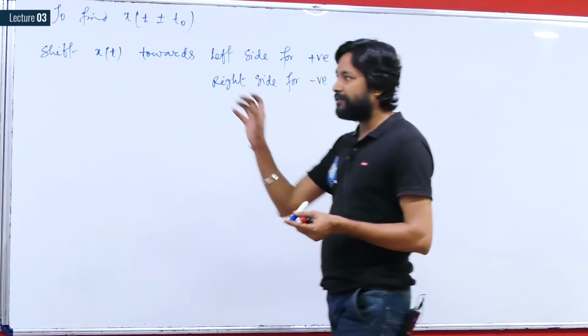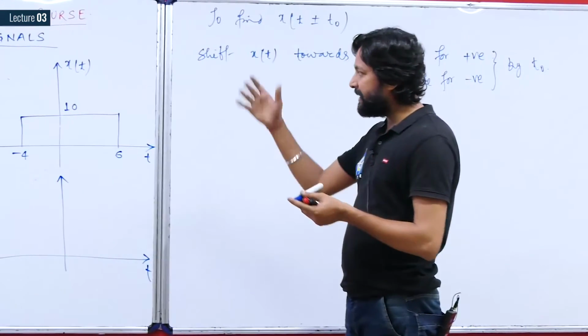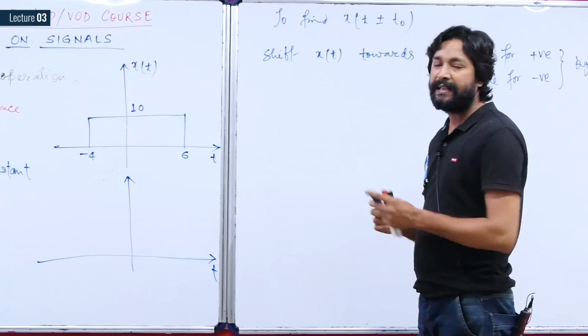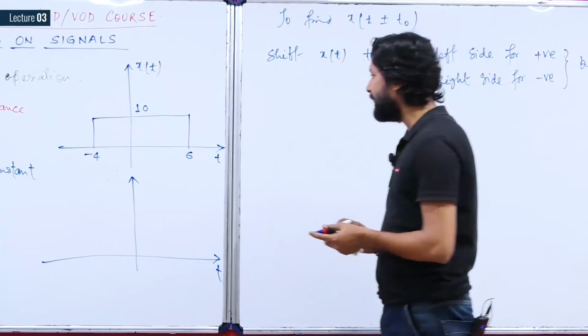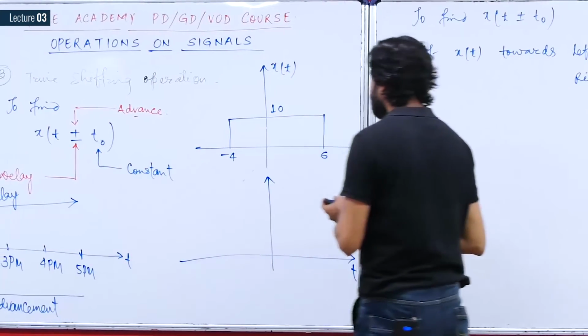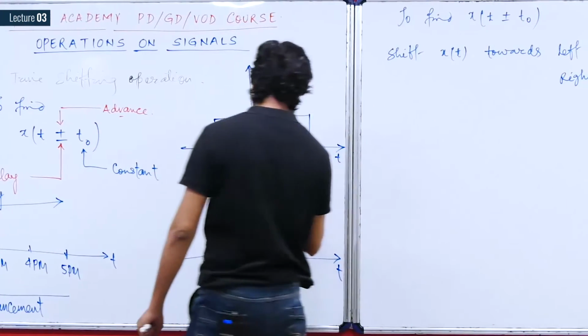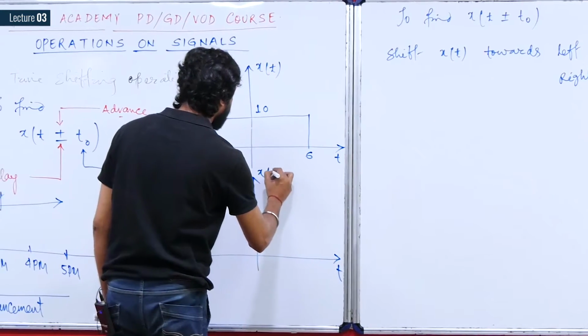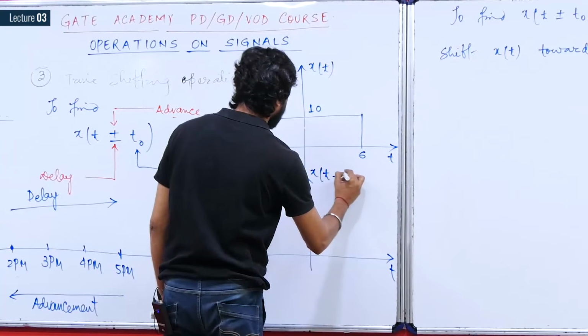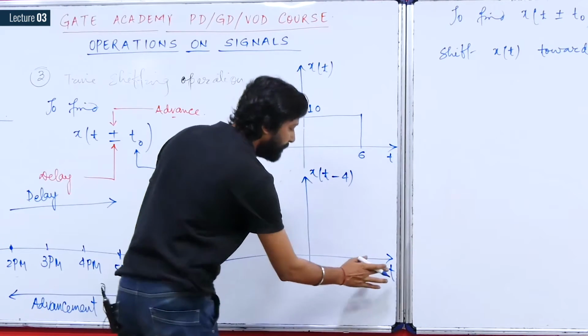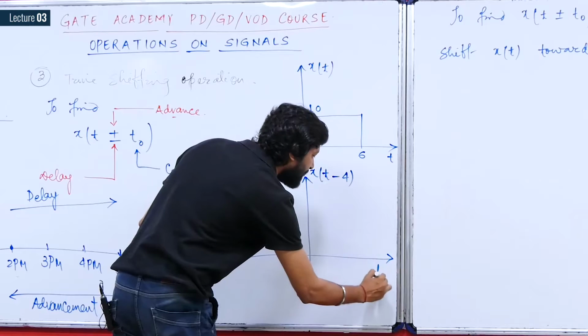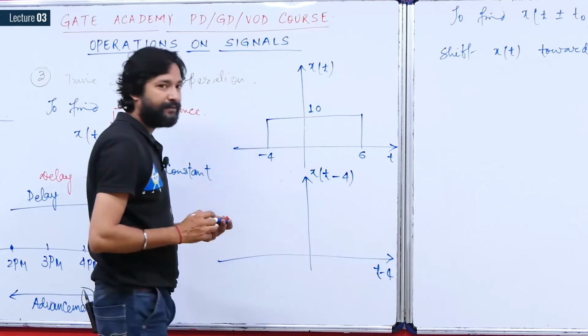Now if you see what we have just discussed, if we change the t value on both the axes, then the signal will not get changed. It means that if we have to plot x of t minus 4, and if you write this axis also as t minus 4, what have we done?